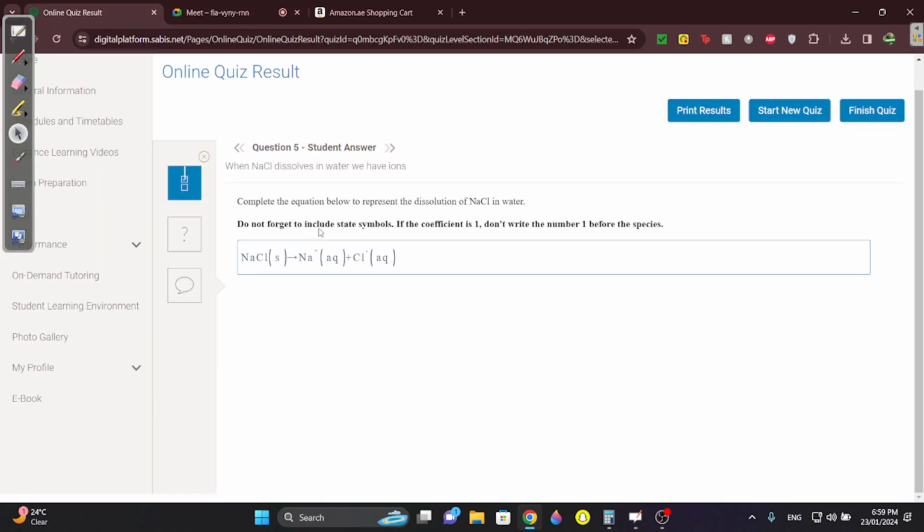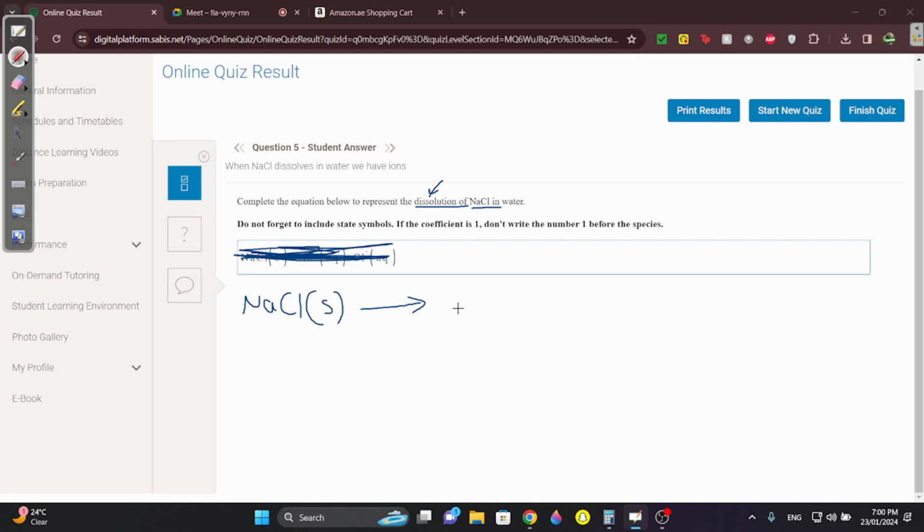For question 5, the way they ask it, they give you NaCl like this, and they say write the dissolution of NaCl in water. Dissolution means separated. In water, it's going to be aqueous.